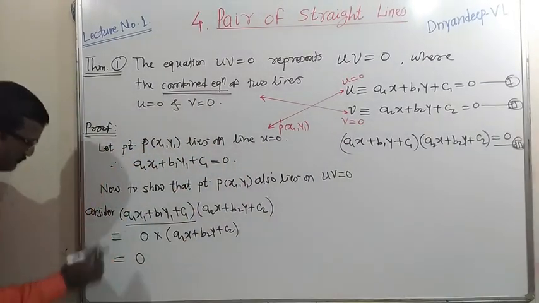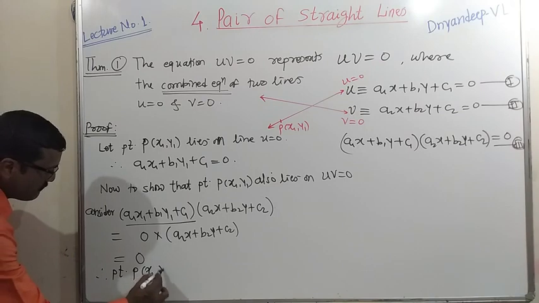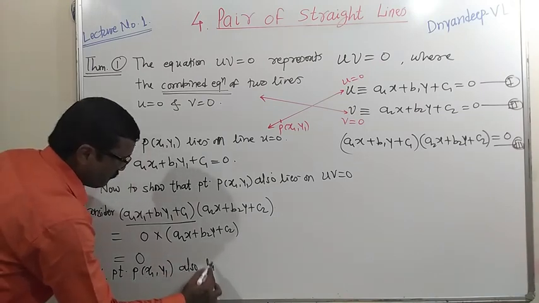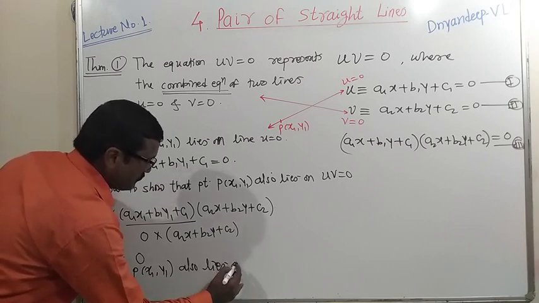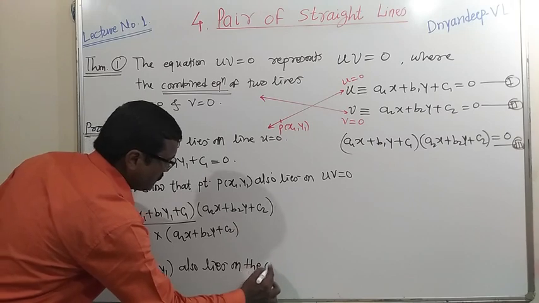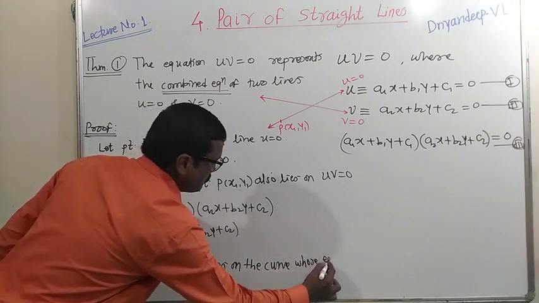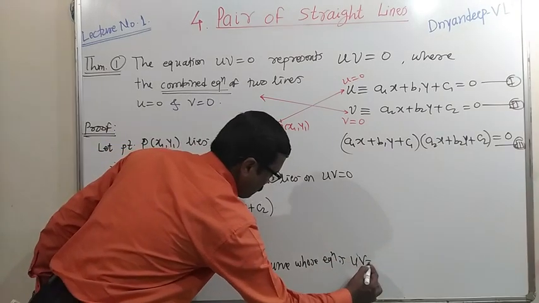It proves that point P (x1, y1) also lies on the curve whose equation is uv equal to 0.